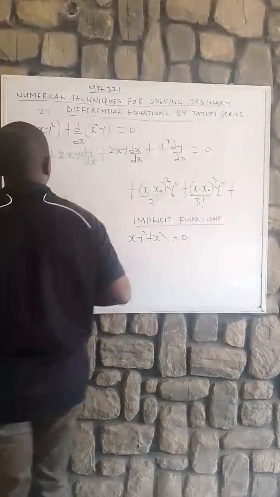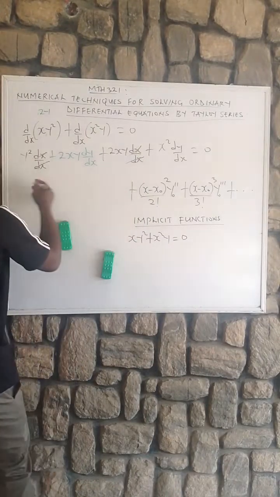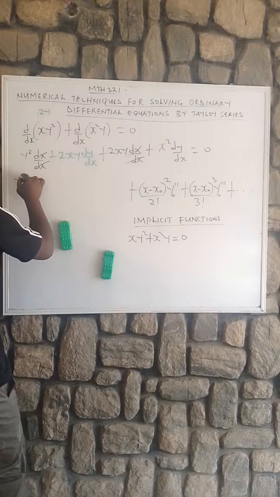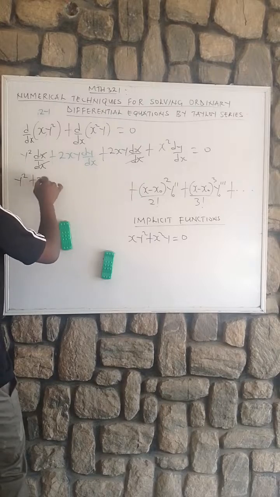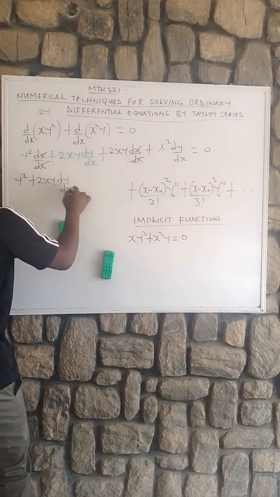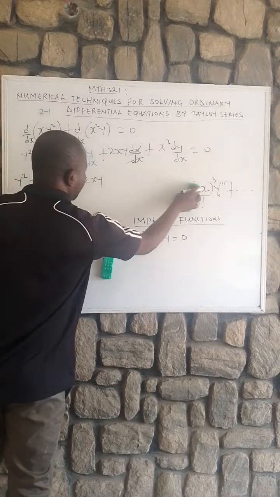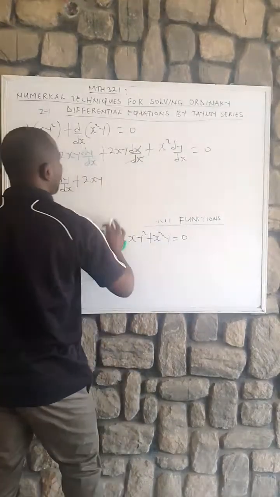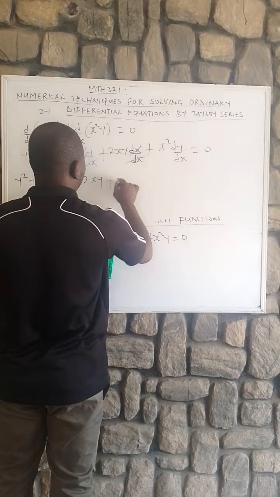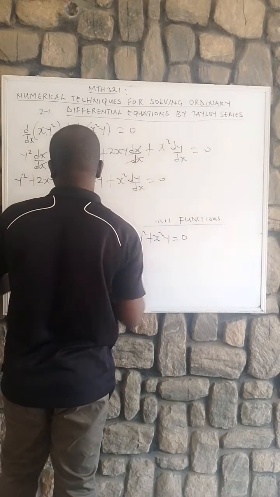True or false? So this and this will cancel. Therefore we have y squared plus 2xy dy over dx plus 2xy, then plus x squared dy over dx equals 0, right?